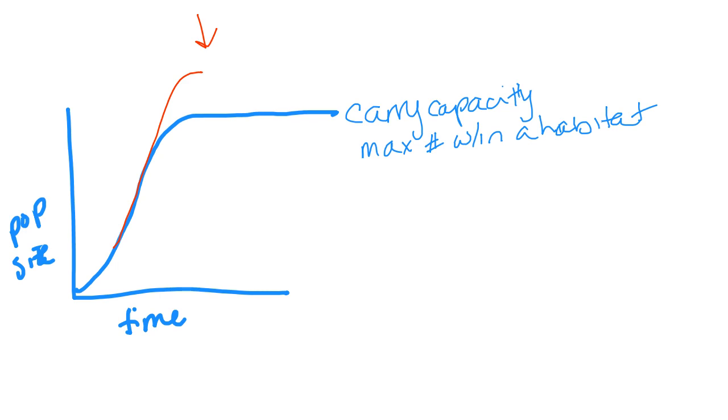So it'll dip lower. If it gets too low, it will have the opportunity to grow. So populations may go around this. Take a minute and think: what are some things that could keep a population from getting too big, that will push it down if it gets too big for its carrying capacity? Think about that for a sec.